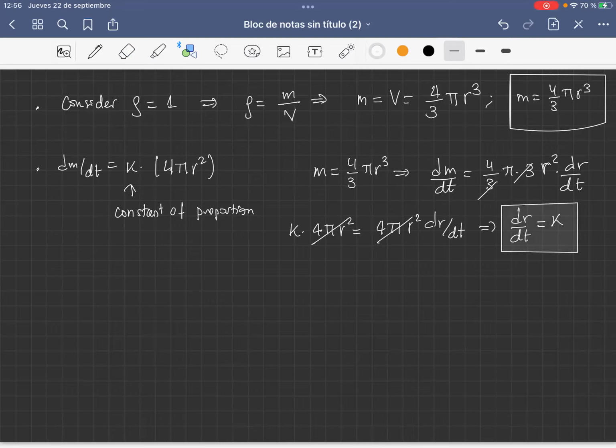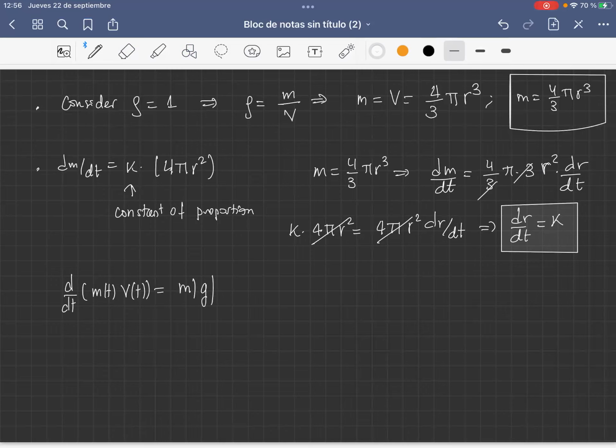And from the third hypothesis, we know that the drop is only subject to gravity. So let's say then that all the force that the drop is subject to is that one of gravity.